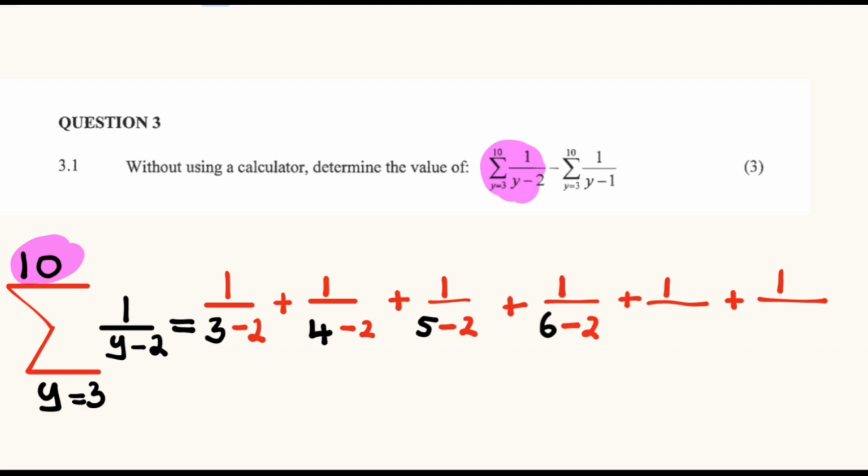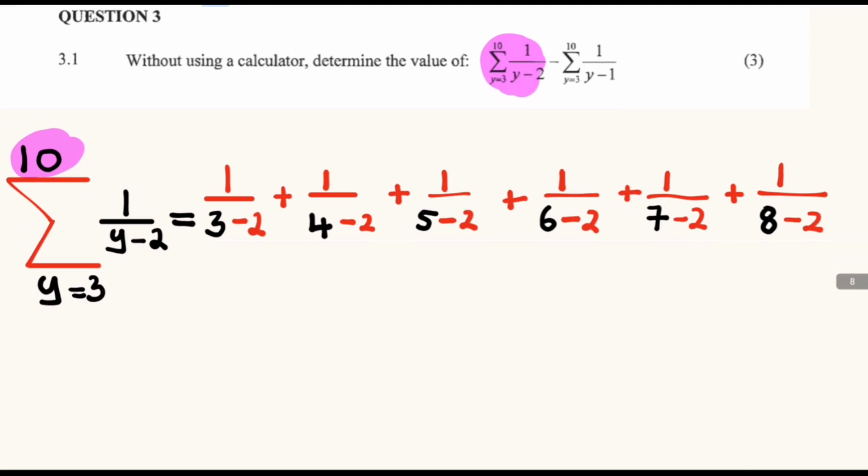We have the minus 2, and where there is a y, we substitute 7, and we have the minus 2, and where there is a y, we substitute 8 and minus the 2. So we have to now determine the 9 and the 10. So we have 1 divided by 9 in the place of the y minus the 2, plus 1 divided by 10 minus 2. So finally we arrived at 10.